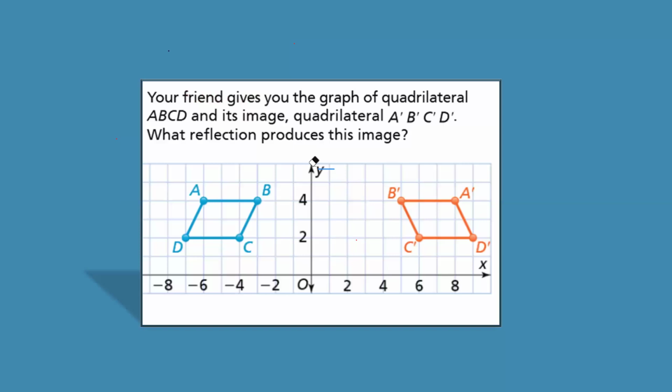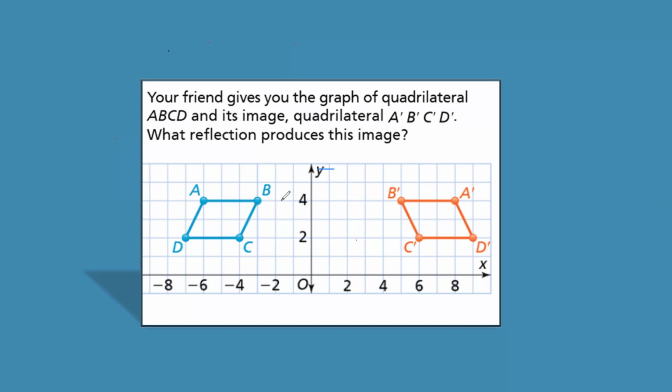Next question. Your friend gives you the graph of quadrilateral ABCD, any shape with four sides we call a quadrilateral, and its image. This is ABCD, and this is its image, quadrilateral A prime, B prime, C prime, D prime, produced by reflection. Are they reflections?